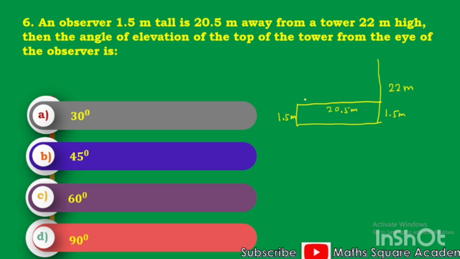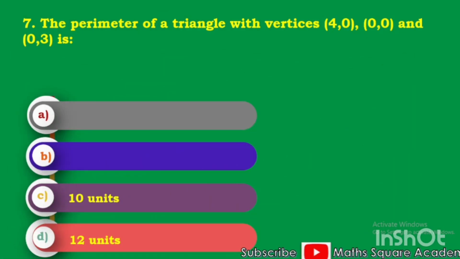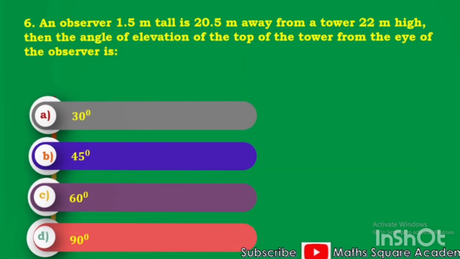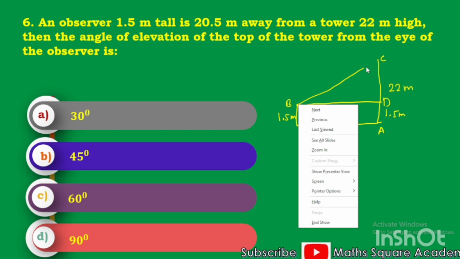So here is the boy. This is the tower, AC is the tower. Then this is the point D. From his eyes up, he is observing the height of the tower.